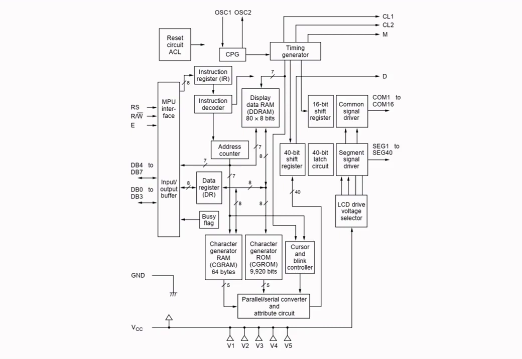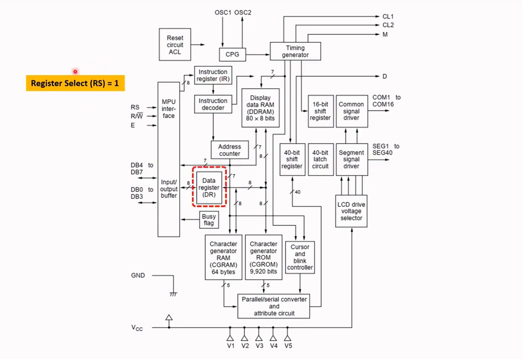I'd like to highlight a few things from this block diagram. The first thing is, when register select or RS, which is this pin here, when we set RS equals 0, then the instruction register or IR would be selected. And the purpose of the instruction register is to store instruction codes.